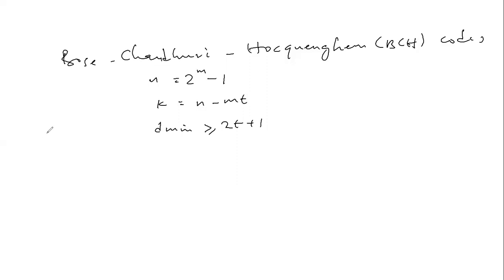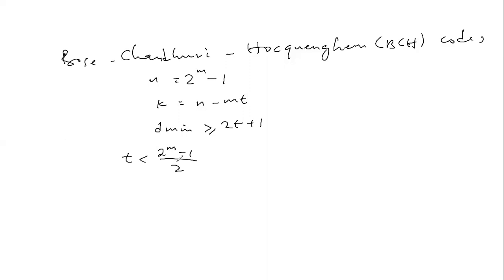So for any integers m and t, with m greater than or equal to 3, we have the BCH code to correct t errors, for which t is less than (2 to the power of m minus 1) over 2.